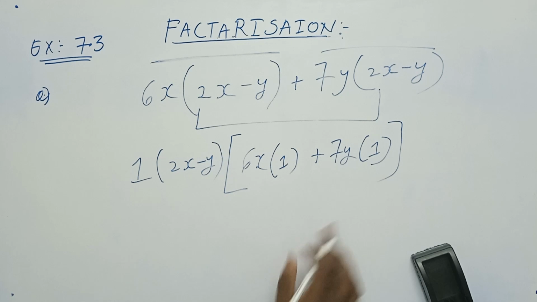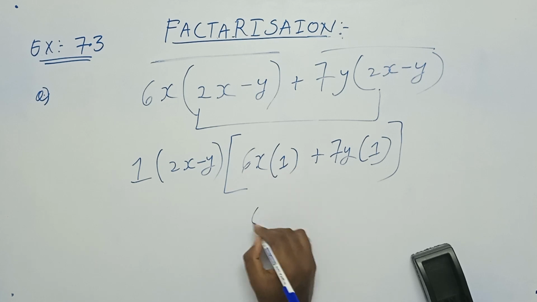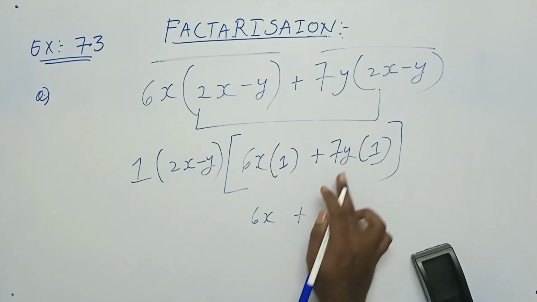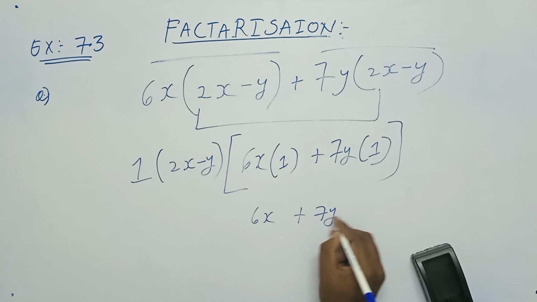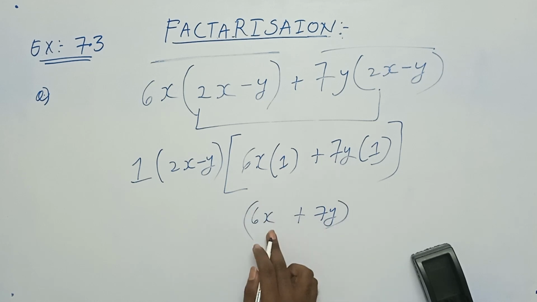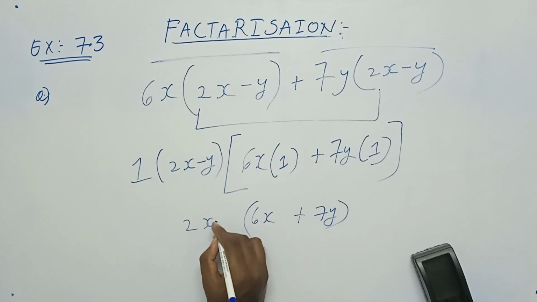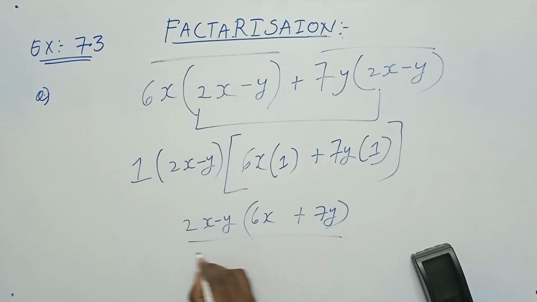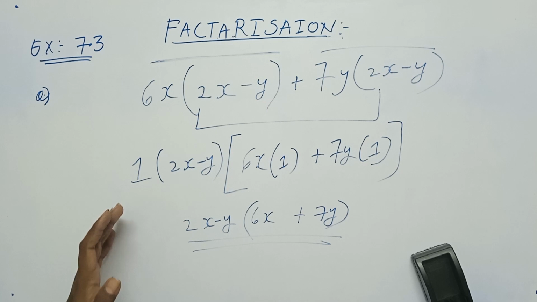So we got a value. Now we simplify within the bracket: 6 times 1 is 6x, plus 7y times 1 is 7y. So we got one factor getting multiplied with another factor, the product of two factors of the given expression. So this is how we solve the problems in exercise 7.3.